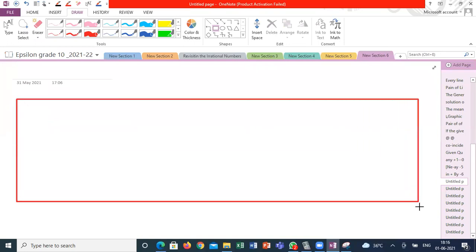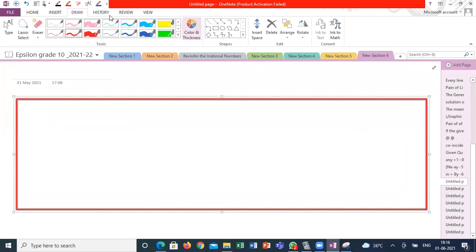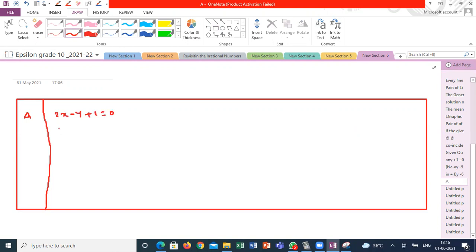I'm taking a table to understand this. First case, I gave the two equations here. What are the two equations given? 2x minus y plus 1 is equal to 0. x minus 2y plus 8 is equal to 0. This is the first case.